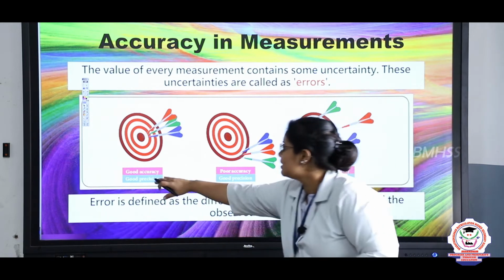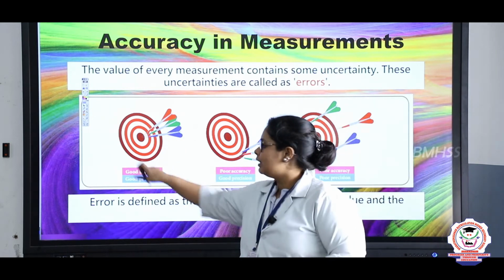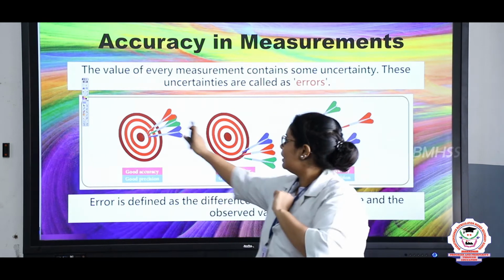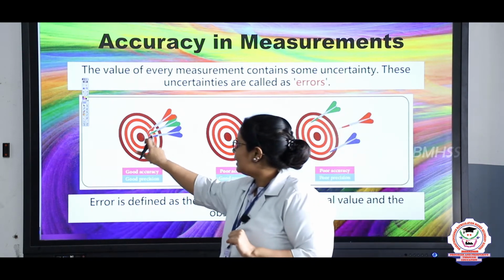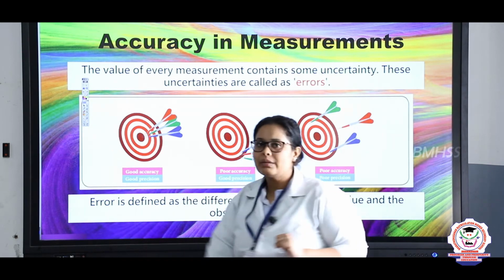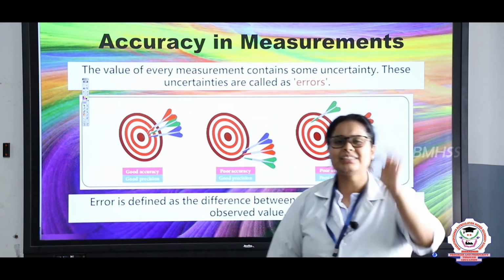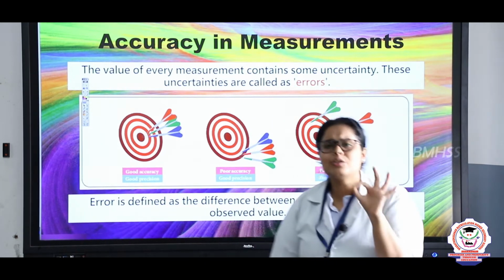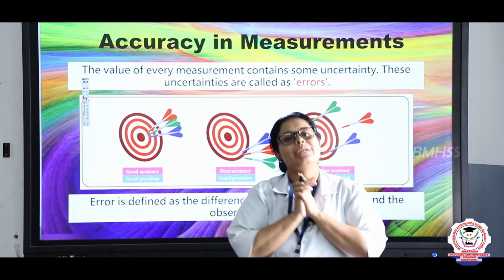So children, see in this figure. You can see darts, right. When they are pointing, here you can see that all the darts are at the correct point. So you will call it as having accuracy. Accuracy means it's absolutely correct. Same way all are together, so they are also precise.